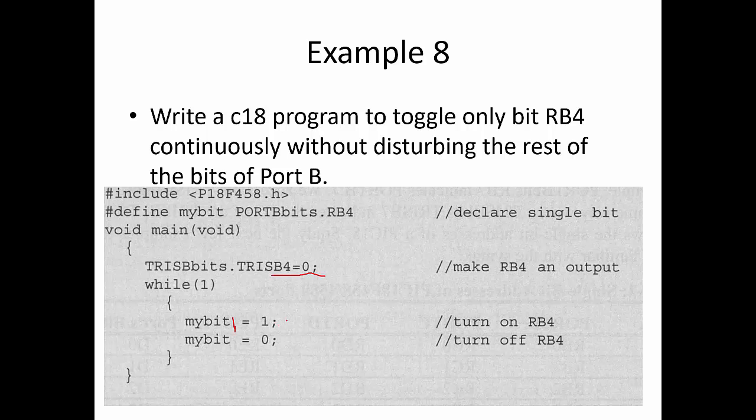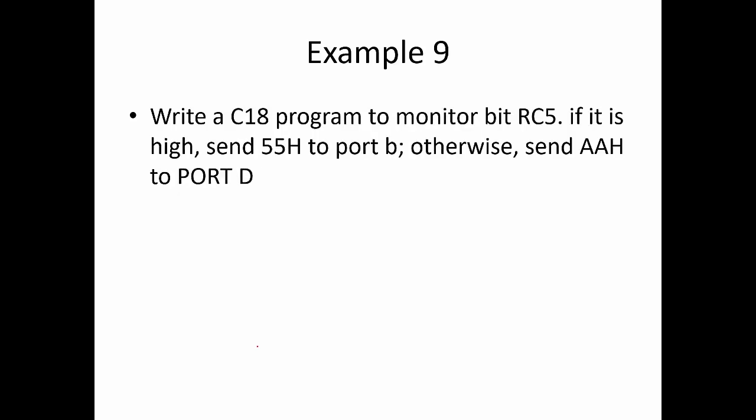Now in order to turn on the LED connected at RB4, you just provide a value of 1, so it will turn on bit 4, and if you again put 0, then it will turn off bit 4. So this is one of the best examples of providing the bitwise representation.